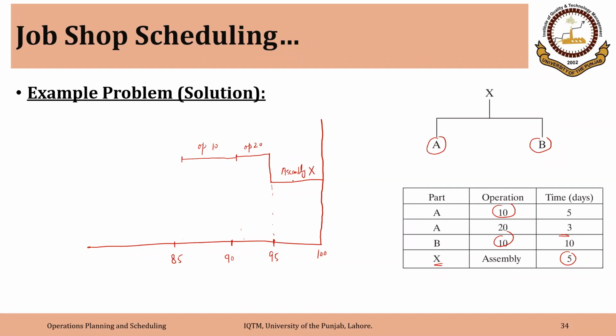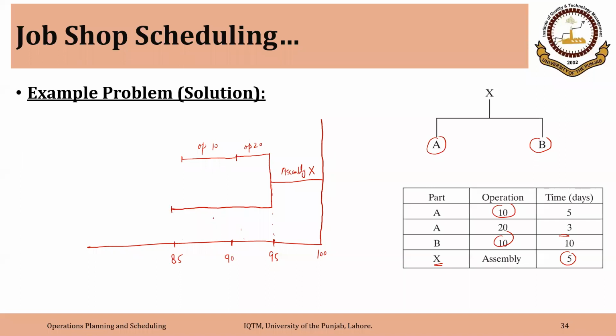Similarly, the assembly B requires one operation, that is operation 10, and that can be performed in parallel because we assume that we have two machines available. It requires 10 days, so it will go right back to day 85 so that the product is available on day 95.